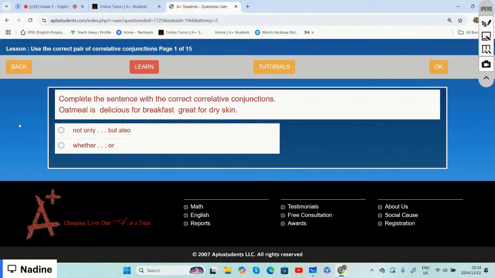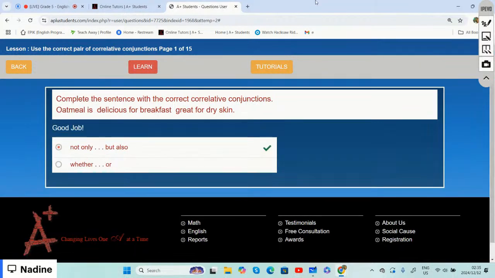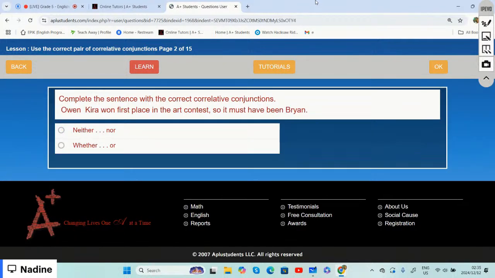So option one, not only but also, or option two, whether or? If we were to choose the correct option, we will say oatmeal is not only delicious for breakfast, but also great for dry skin. So option one is correct. Yes, well done.